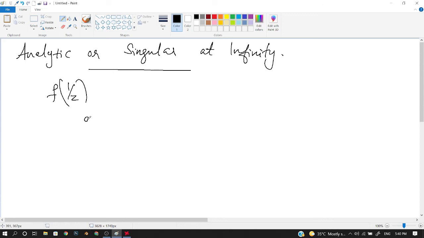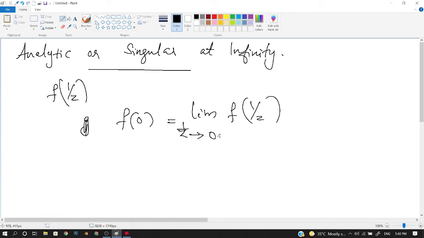For that purpose, we define the function f of 0 equal to the limit of f of 1 by z as 1 by z tends to 0, if this limit exists. f of z has an nth order zero at infinity if f of 1 by z has such a zero at z equal to 0. Now we can consider functions analytic or singular at infinity, entire and meromorphic functions.